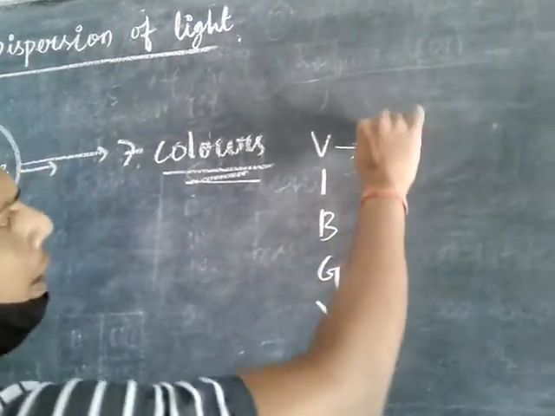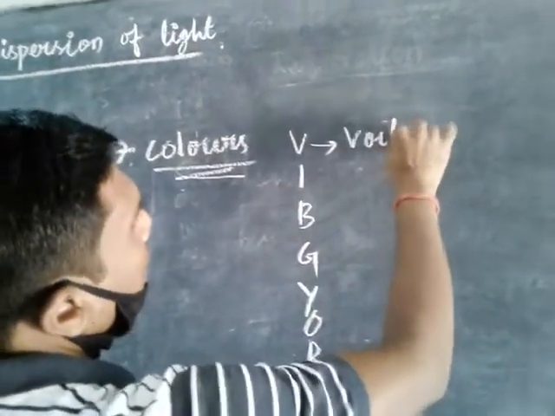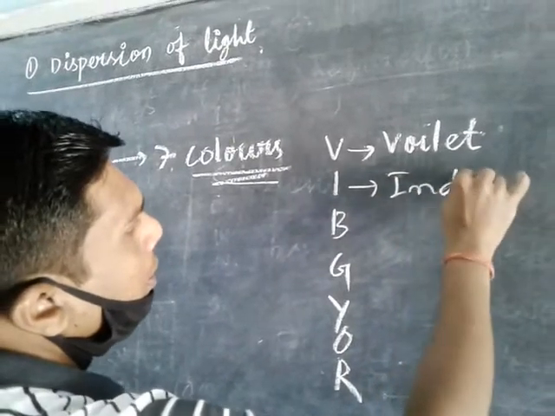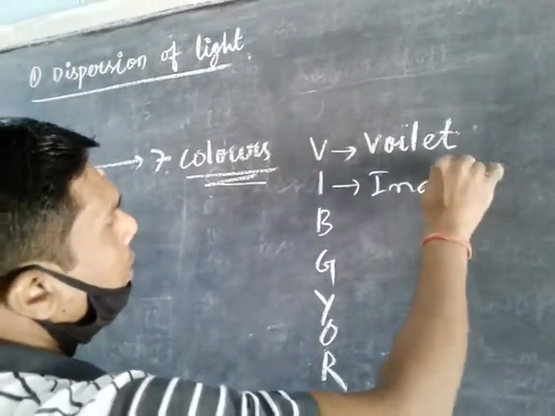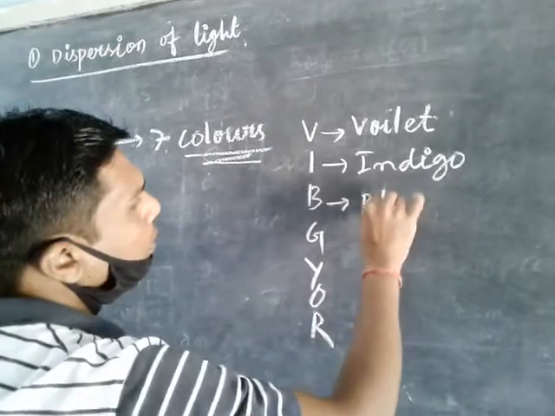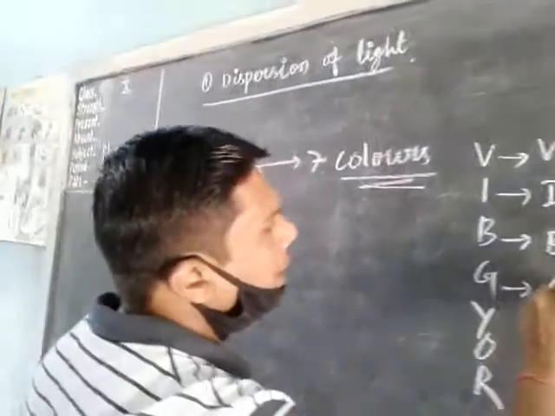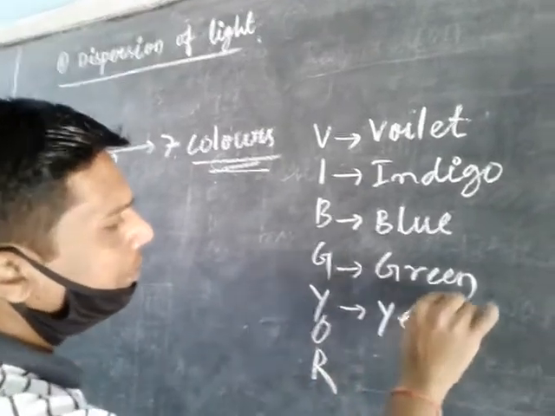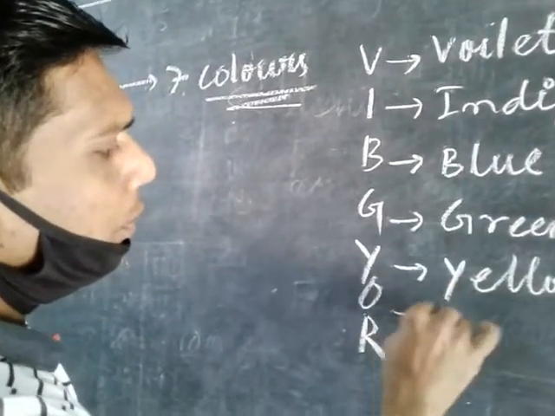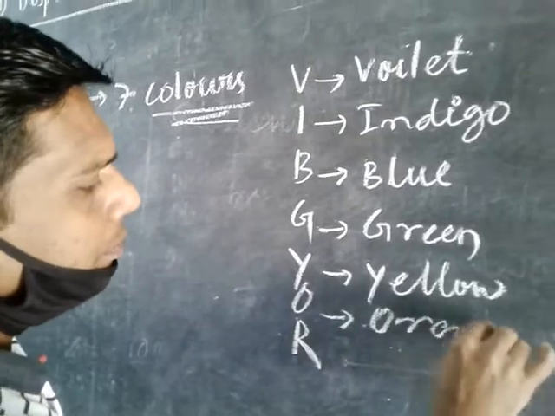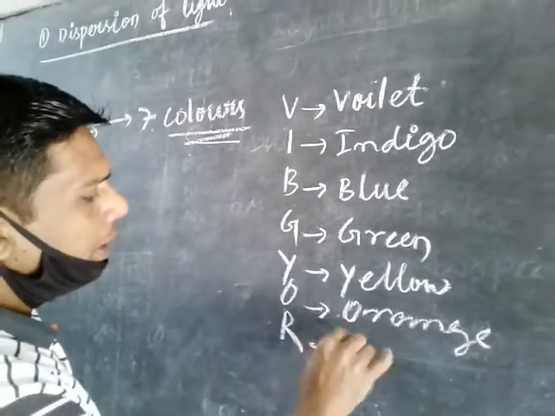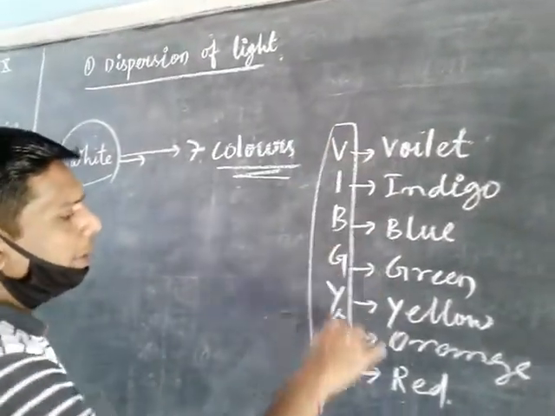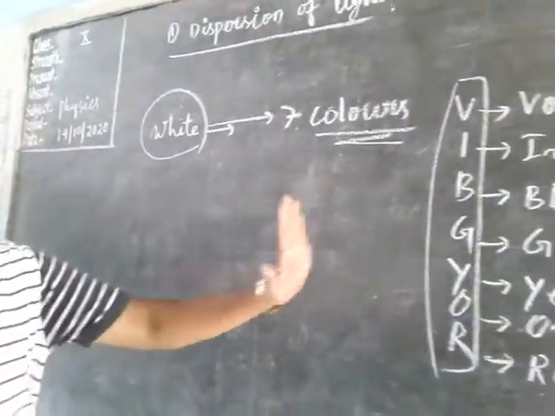Violet, indigo, this is blue, this is green, this is yellow, this is orange, and this is red. So you should remember them by this word, that is VIBGYOR.